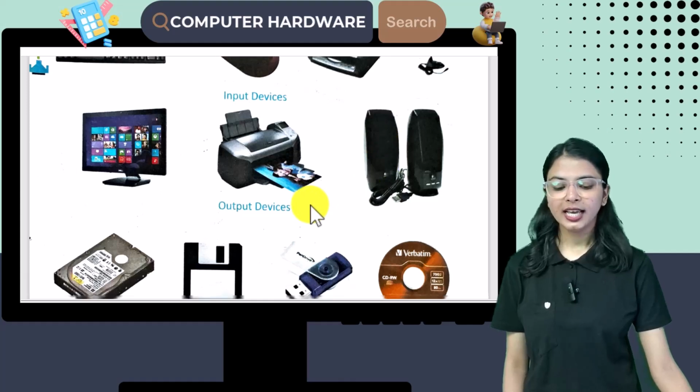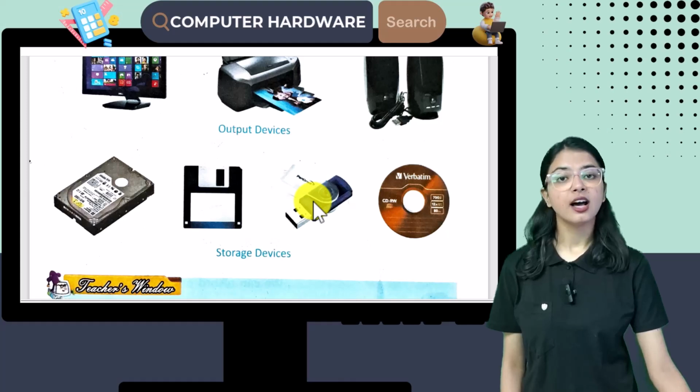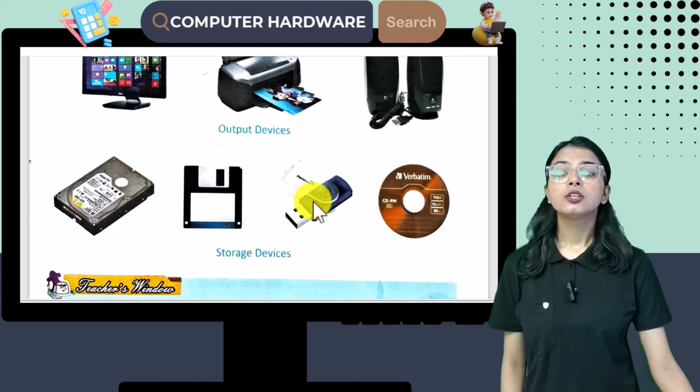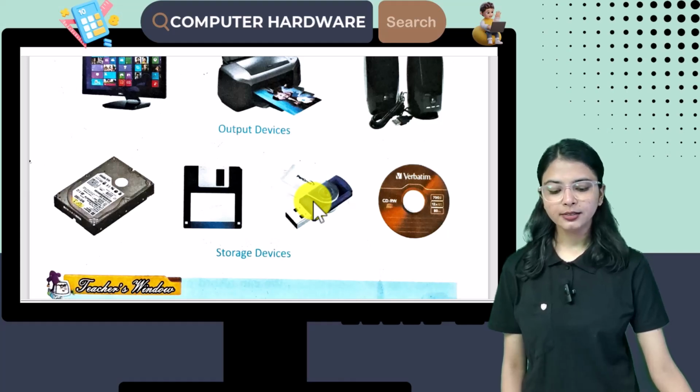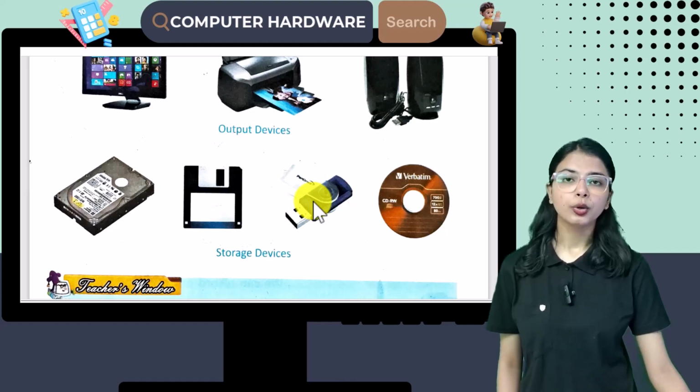Okay, students. Next are storage devices. So what are the examples of storage devices? Storage devices are basically used to store the data saved in the computer. Okay, students, data that is saved in the computer is stored in the storage devices.